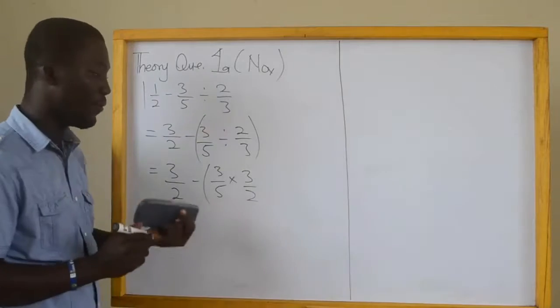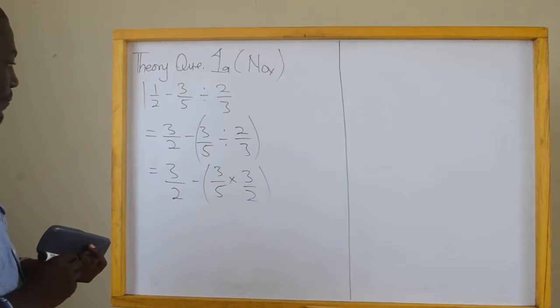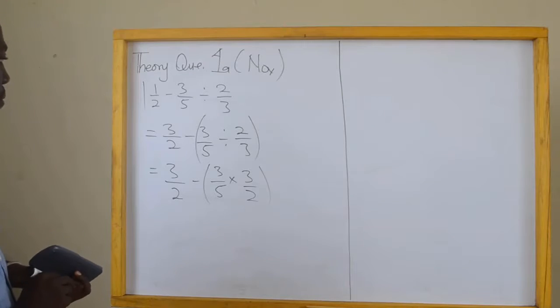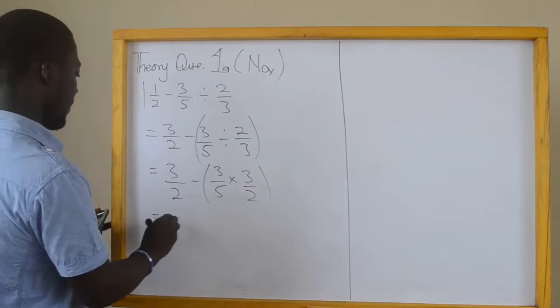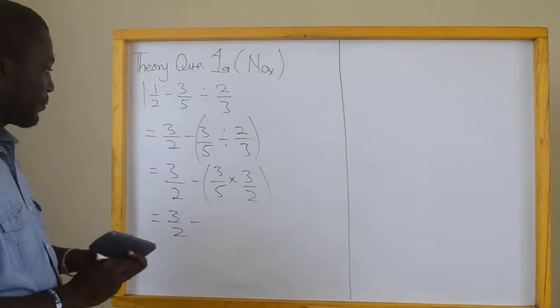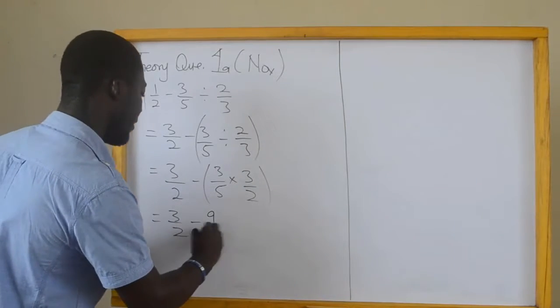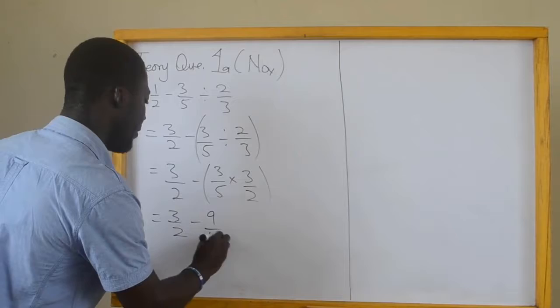The fraction will reciprocate. 3 over 2. 3 times 3 is going to give us 9. 5 times 2 will be 10.